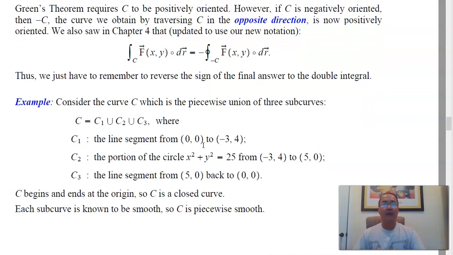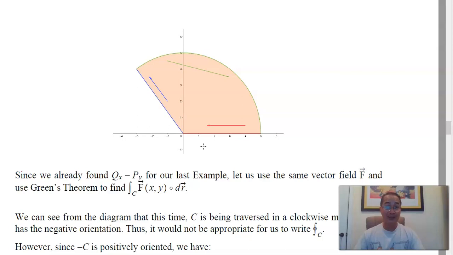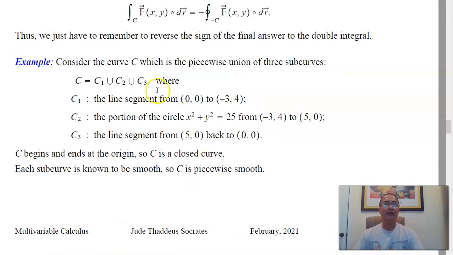Let me walk you through this example, which involves something that should look familiar: polar coordinates. Here's a curve made of 3 parts. First is the line segment from 0, 0 to negative 3, 4. Then the portion of the circle from negative 3, 4 to 5, 0. And yes, that point is on the circle because 9 plus 16 is 25.